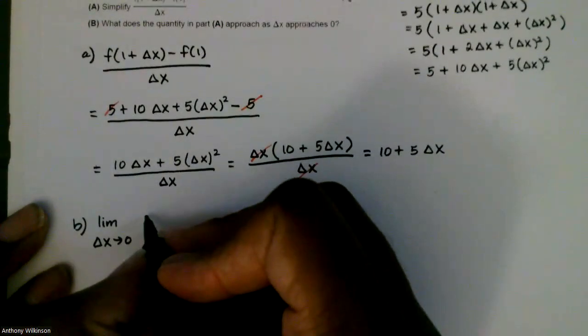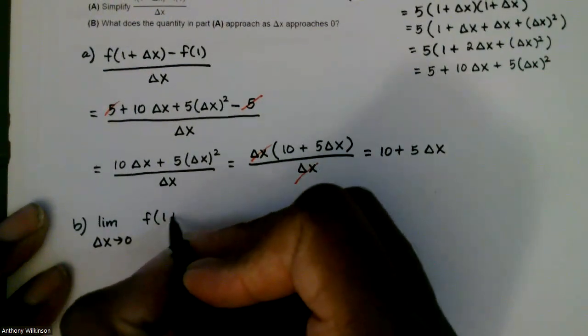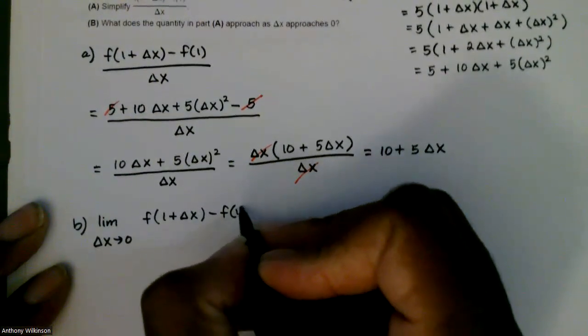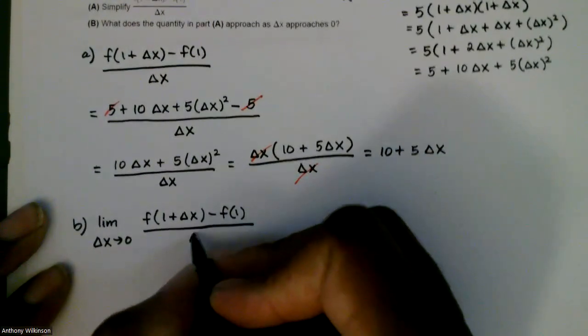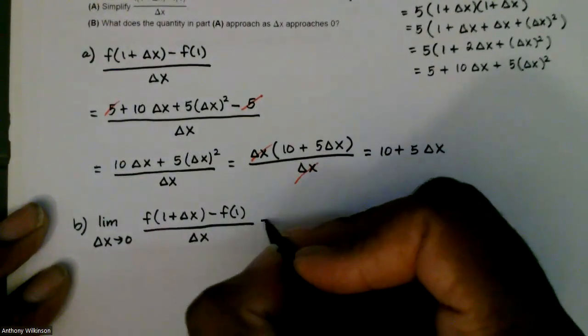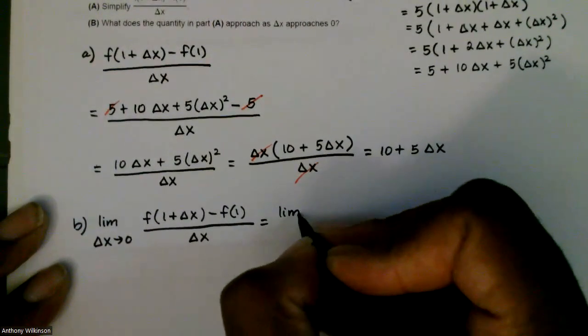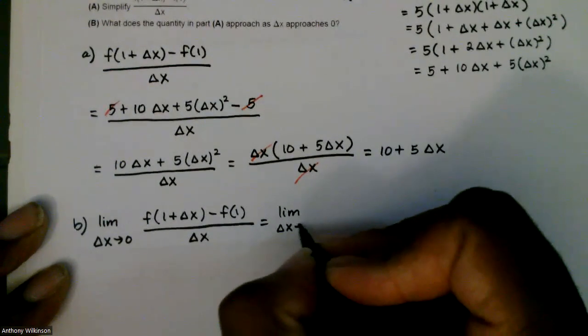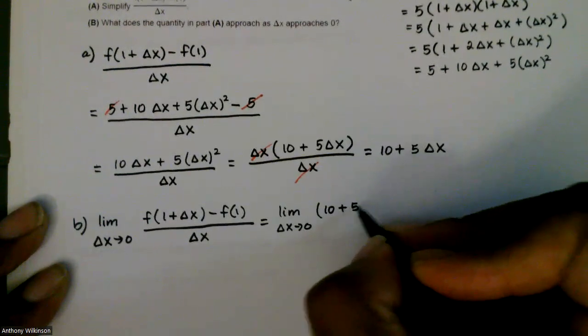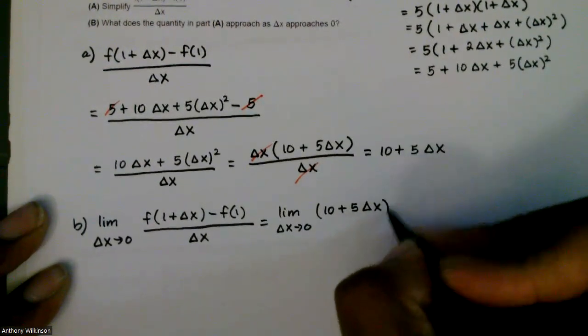of this, which came out to be 10 plus 5 delta x. So the limit as delta x approaches 0 of 10 plus 5 delta x means this.